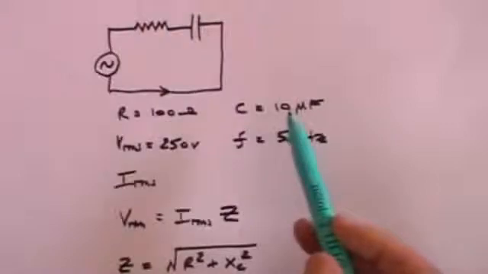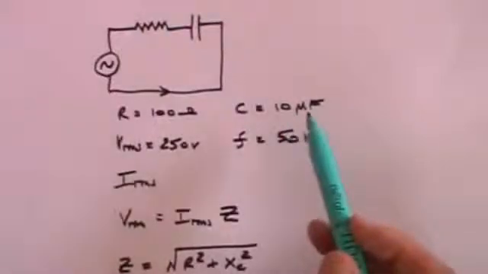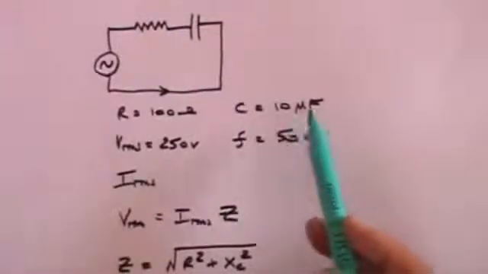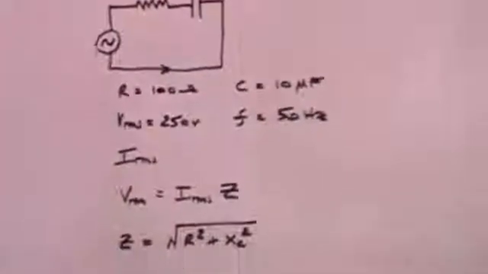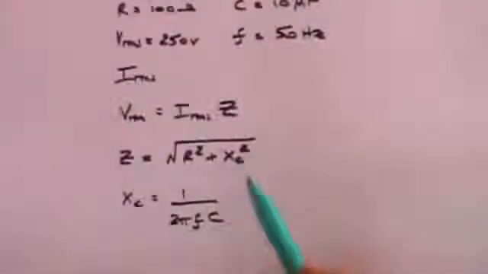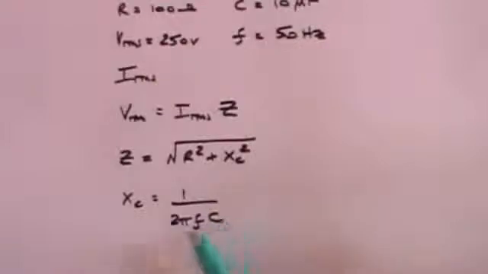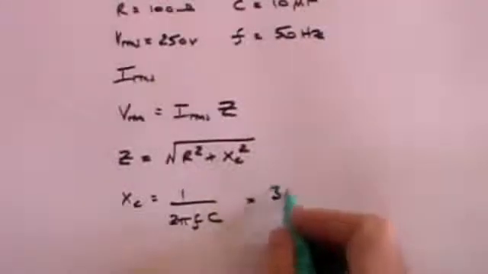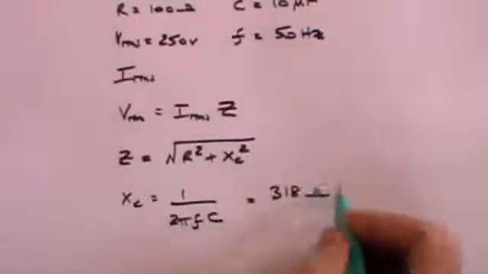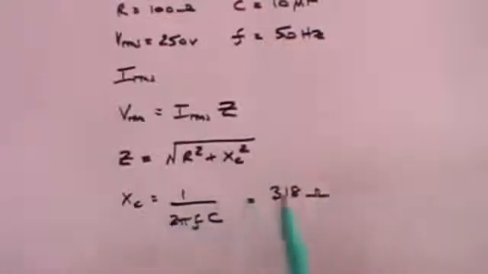We know C, that's 10 times 10 to the minus 6 farads. Remember, you have to convert the microfarads into 10 to the minus 6. If you put that all into a calculator, you should get that this is the equivalent of 318 ohms. Remember, reactance has the same dimensions as resistance, ohms.